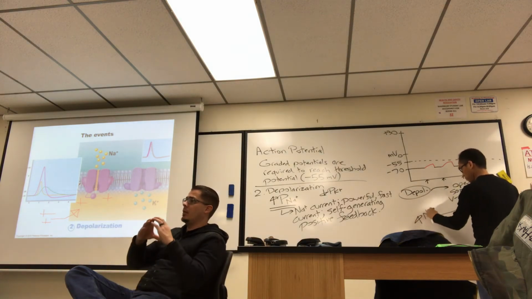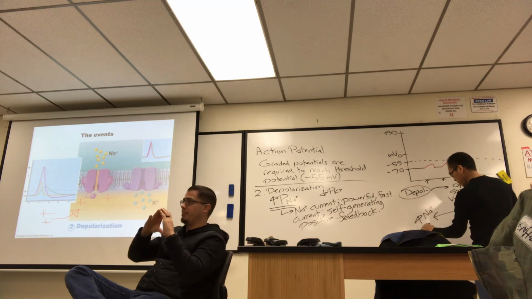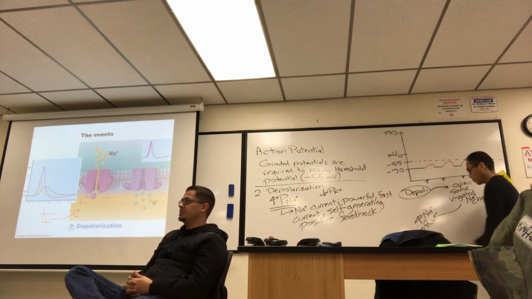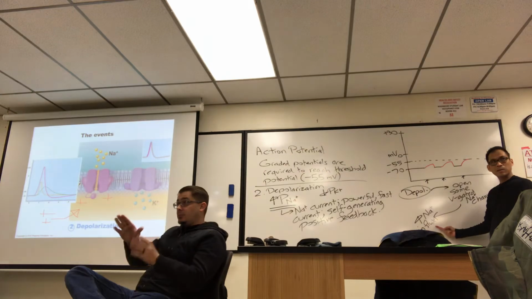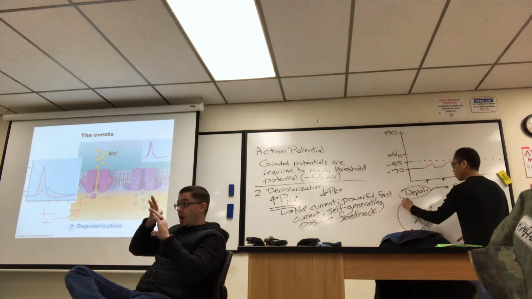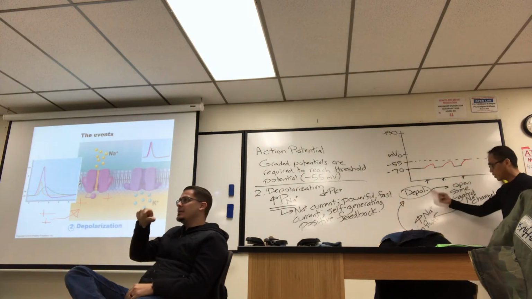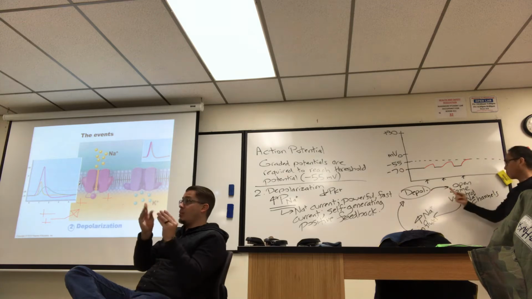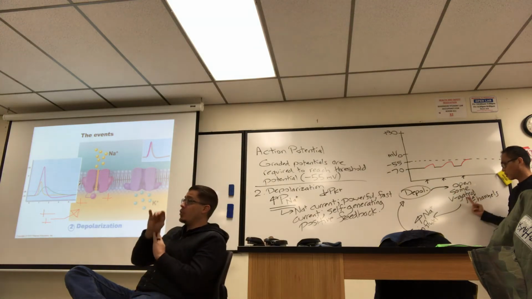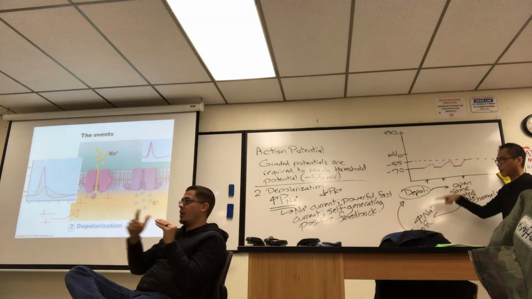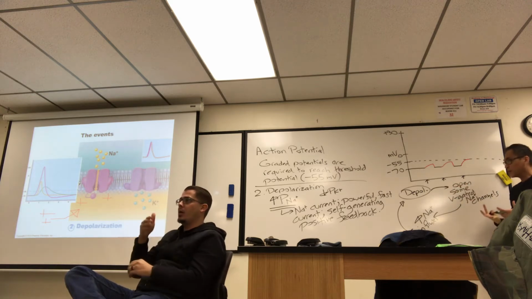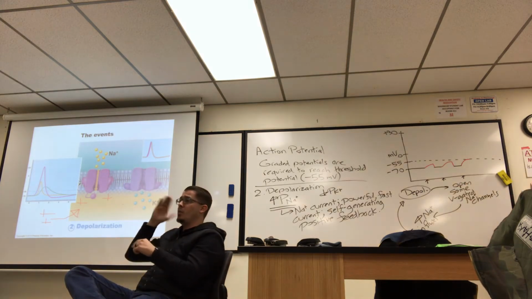Increased sodium influx. Well, if you're allowing more sodium in, you're depolarizing the cell some more. Well, if you're increasing the depolarization, you're going to open some more voltage-gated sodium channels, and it just kind of feeds back on itself until you get this huge depolarization event.